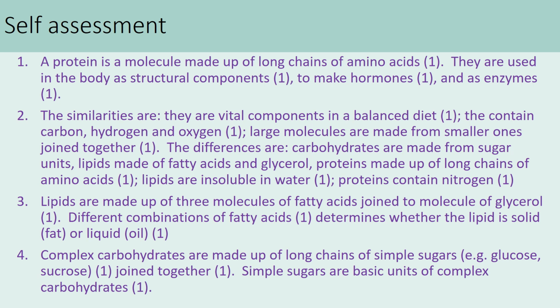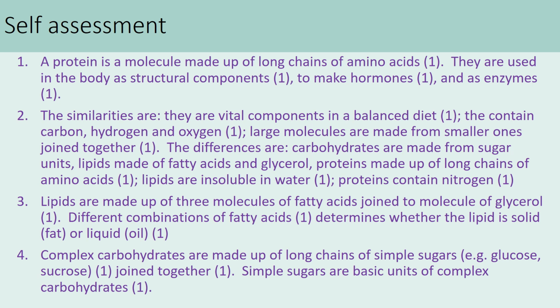For the differences, you might have talked about how carbohydrates are made of sugars, whereas lipids are made of fatty acids and glycerol, and proteins are made of amino acids, but you would have to talk about all of those to get the point. You might have said that lipids are insoluble in water. You might have said that proteins contain nitrogen. Any one of those are just some examples. Any of those will be worth a mark.